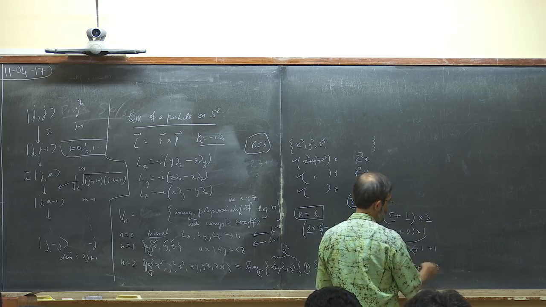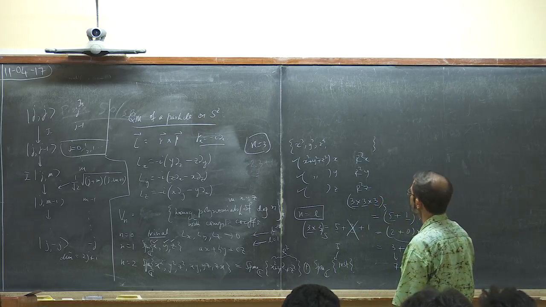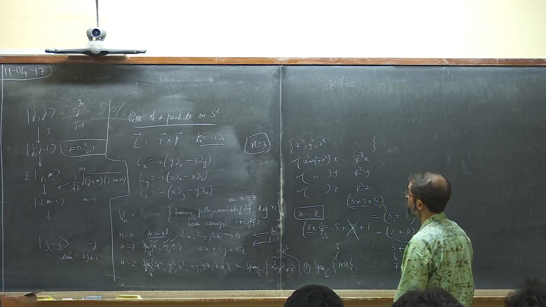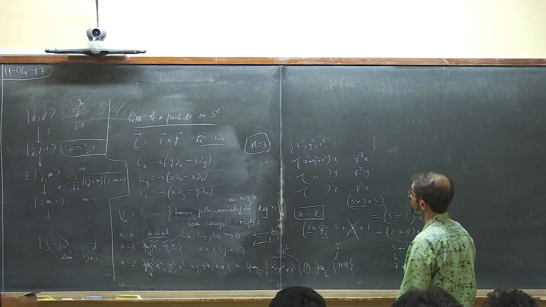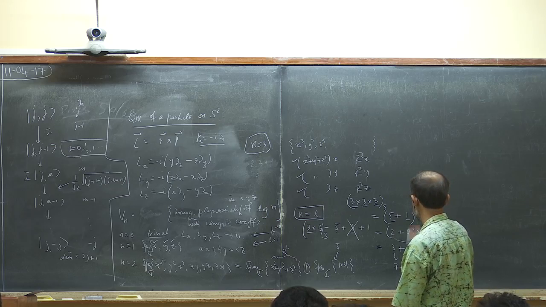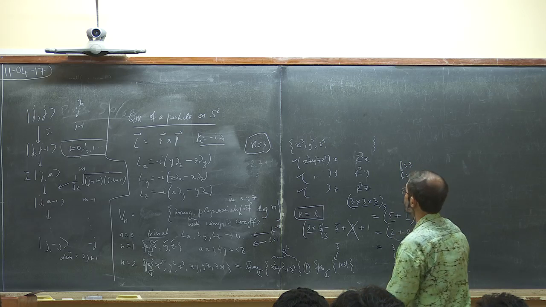I'm guessing how this might happen, but basically, what you should be left with eventually are some L equal to 3 and L equal to 1 representations.